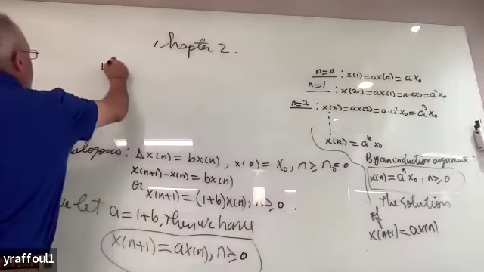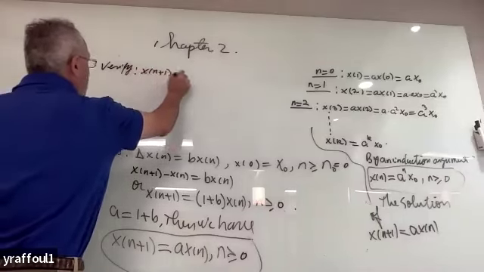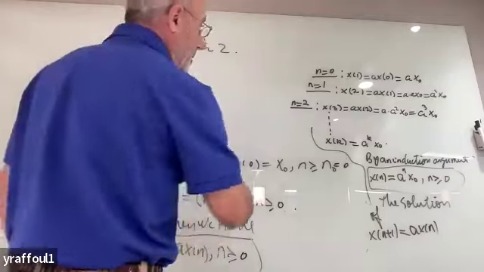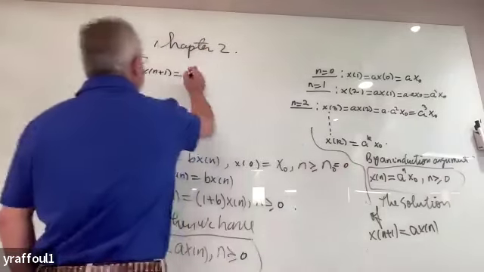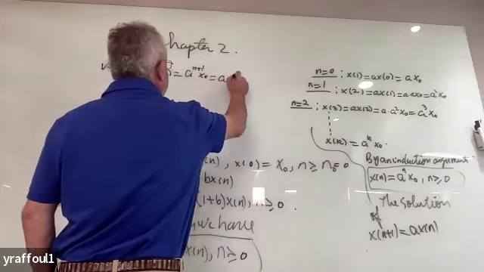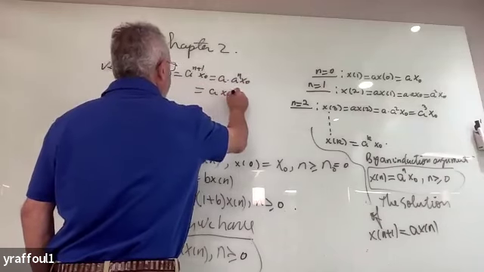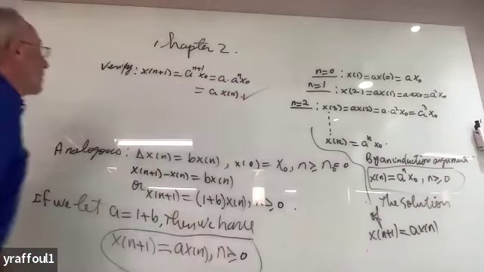To verify, if you like, what is x_{n+1}? x_{n+1} from here is a^{n+1} x_0. That is a times a^n x_0. That is a x_n. Verified.